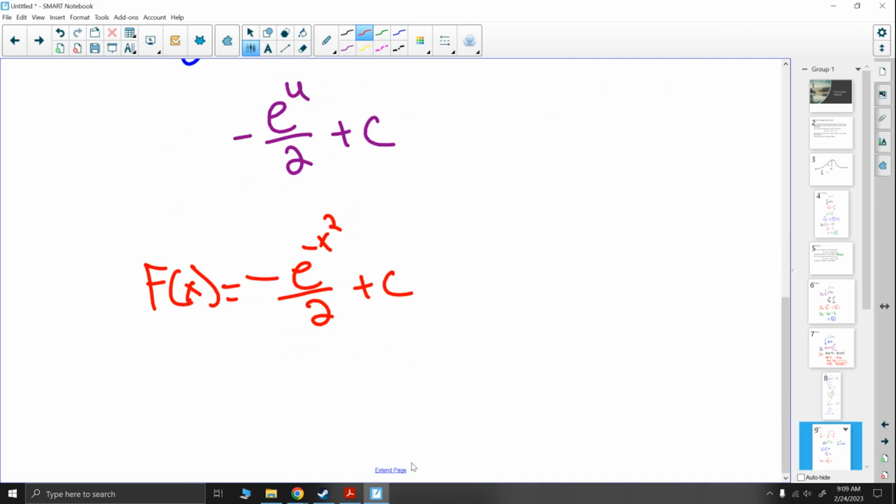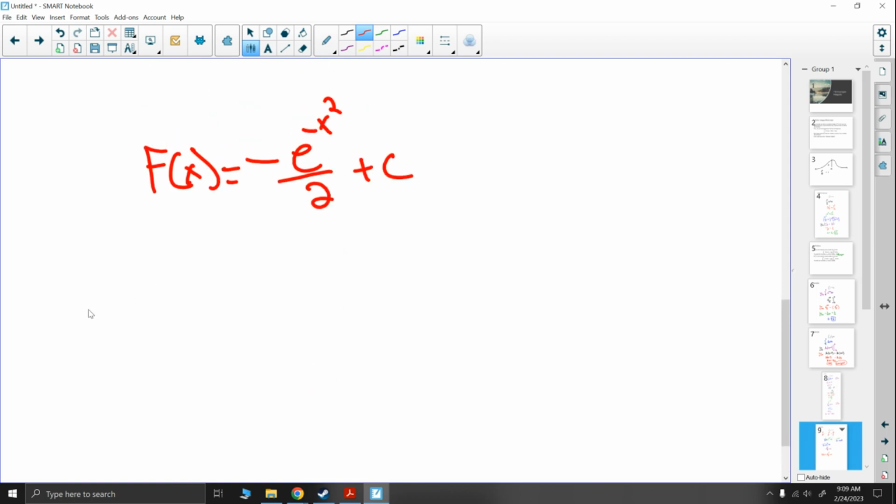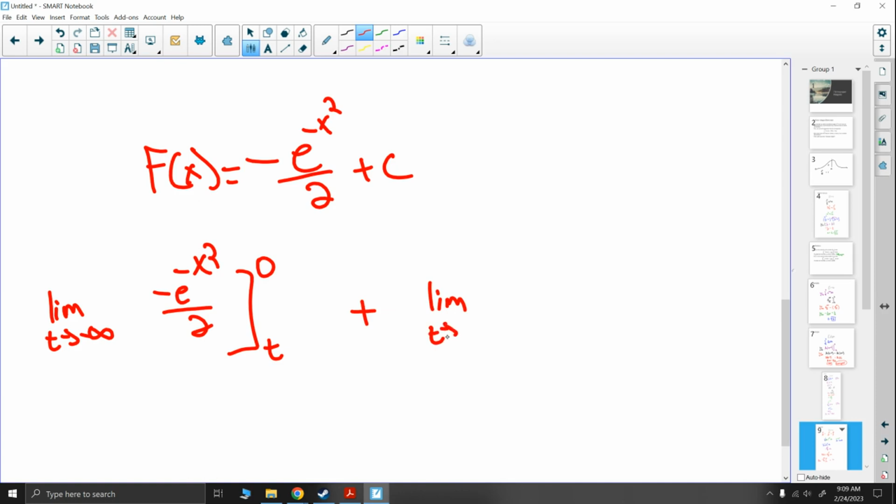So all we have to do then for our integration is to take the limit as t approaches negative infinity of our negative e to the negative x squared over 2 from t to 0. And then we're going to add it to the same thing, the limit as t approaches positive infinity now of negative e to the negative x squared over 2 from 0 to t. So we're just doing definite integral twice.